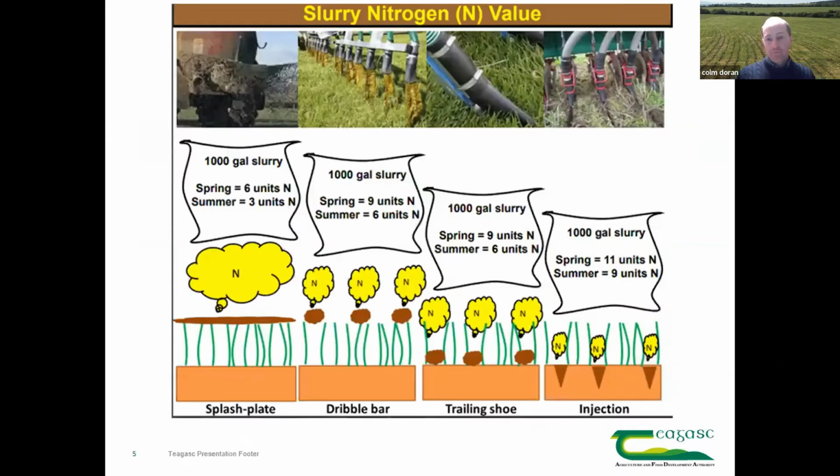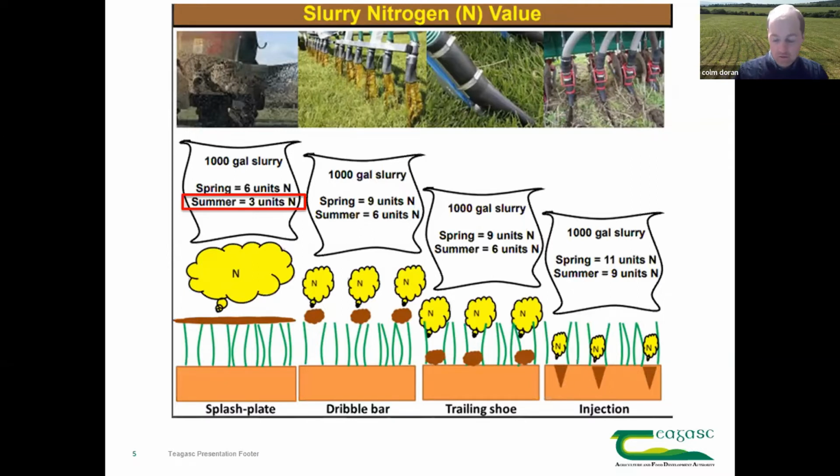The next reasonably big matter to bear in mind is the comparison between our types of slurry application: low emission slurry spreading, dribble bar, trailing shoe, and injection on the right. There are two elements to this. First, if we spread slurry in the spring versus the summer, it's milder weather, and the risk of losses to the atmosphere is a lot less.